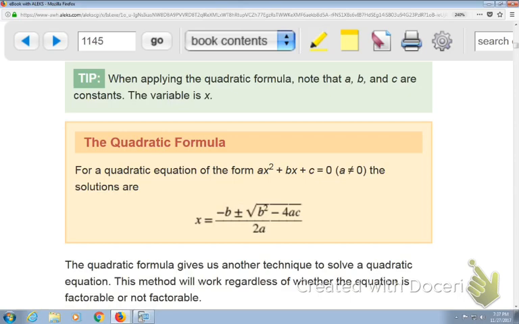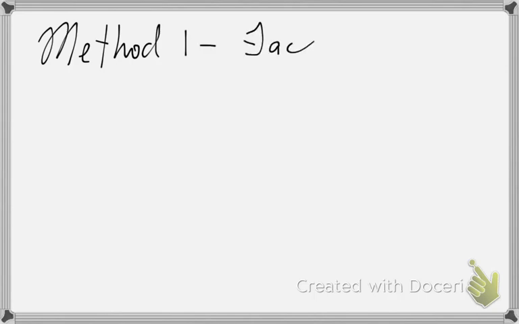All right. So let's see how this method sits alongside our other methods. So we're going to sum up here. Method 1, this came from chapter 14, was factoring.